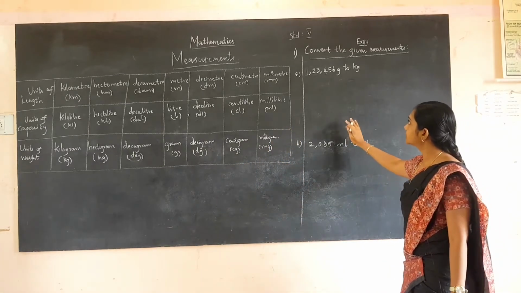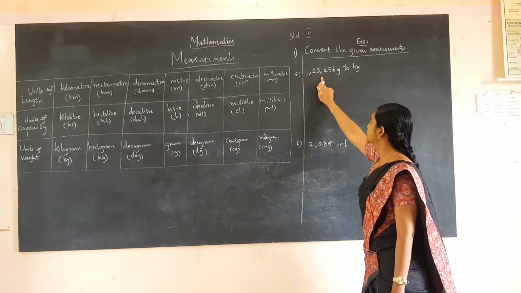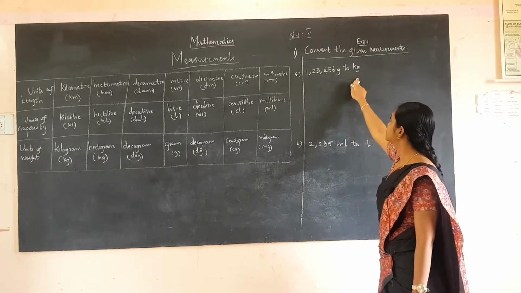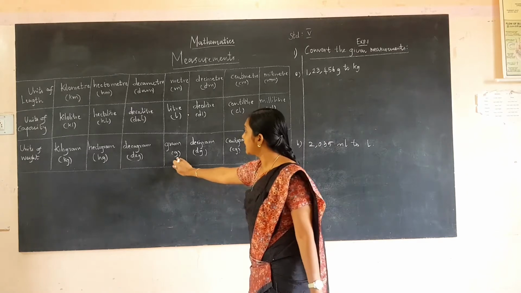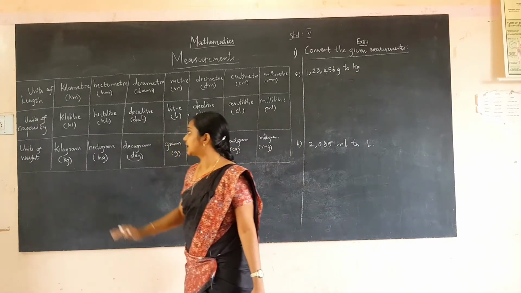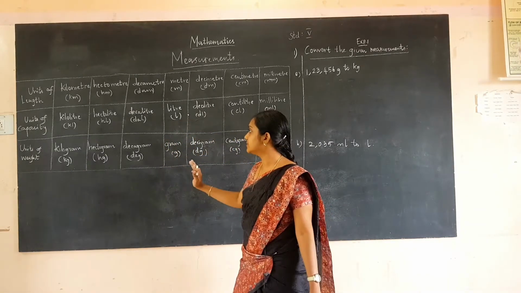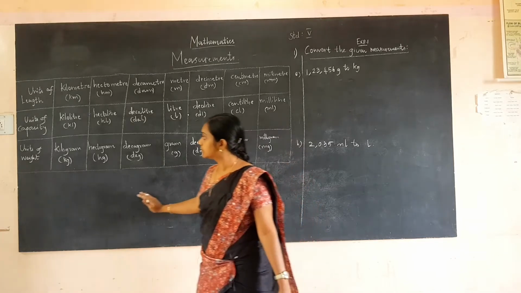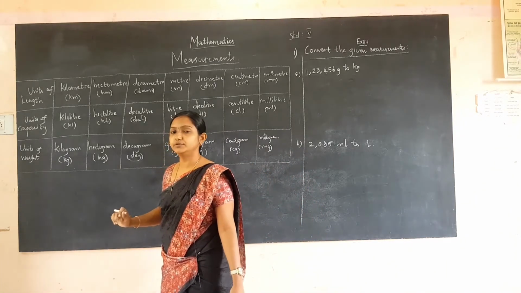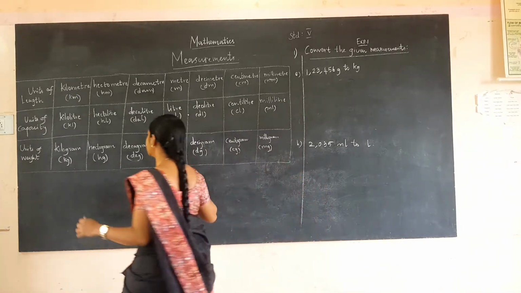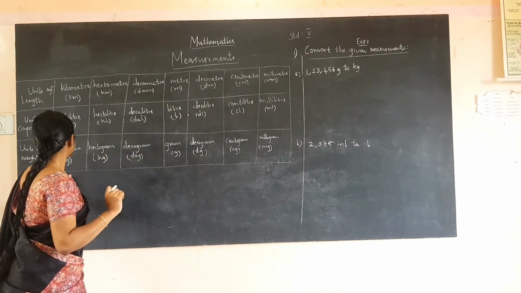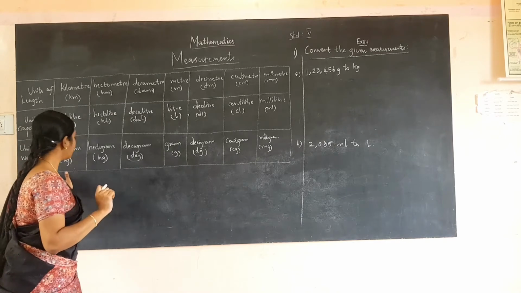Next we are going to convert 1,23,456 gram to kilogram. We are converting from gram to kilogram, from smaller to larger, so we have to divide. Look here students. The measurements to the left are larger.